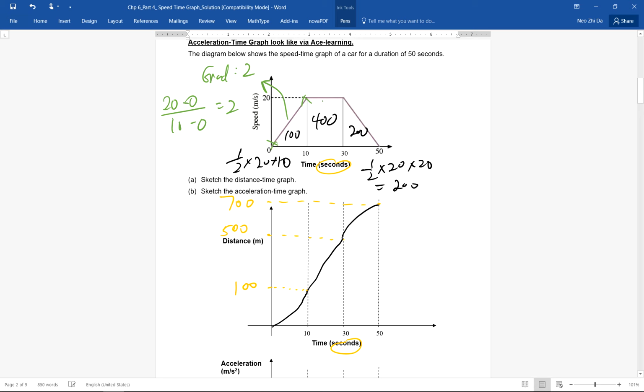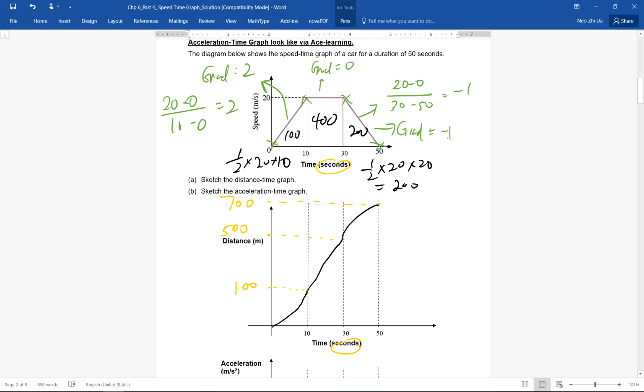I select these two coordinates. This one, the gradient obviously is 0. And this one, the gradient is y1 minus y2 over x1 minus x2. Let me see, 0 minus 20 over 50 minus 30, so 20 over negative 20, so negative 1. Gradient is negative 1.